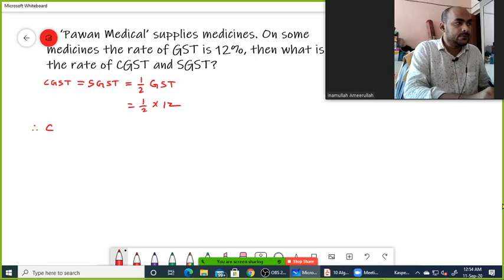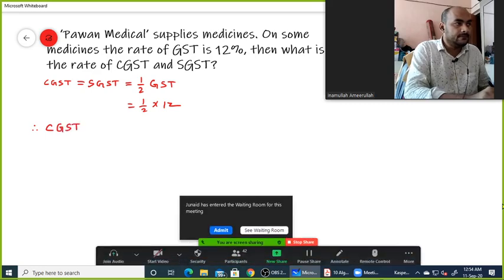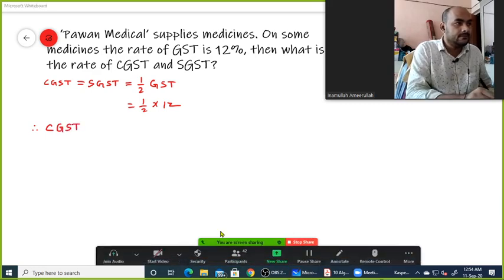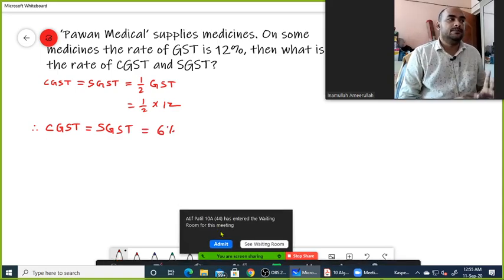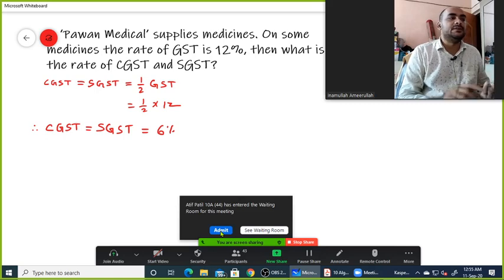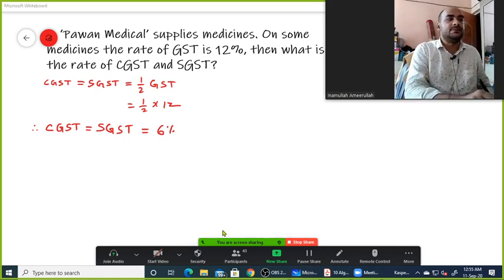So this way CGST is equal to SGST, and each is 6%. And this is your answer. CGST is 6%, SGST is also 6%.